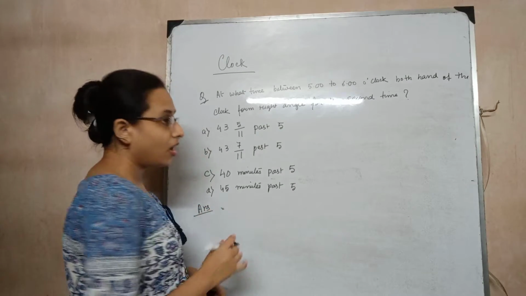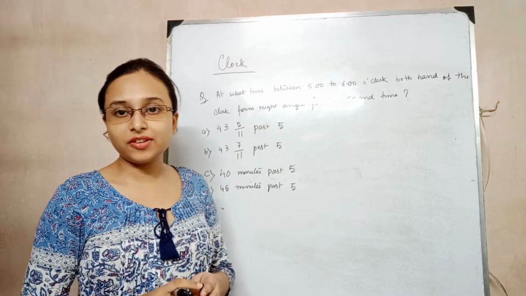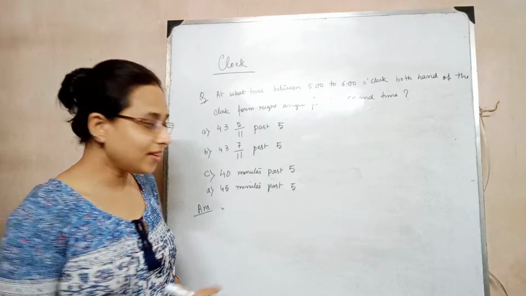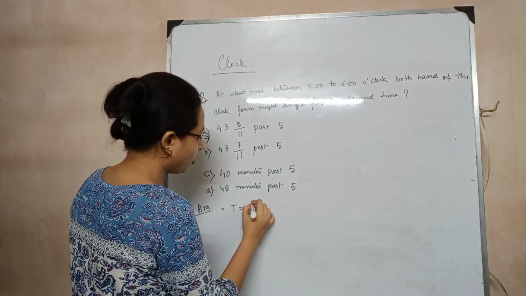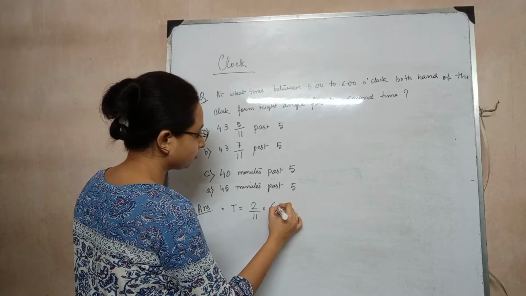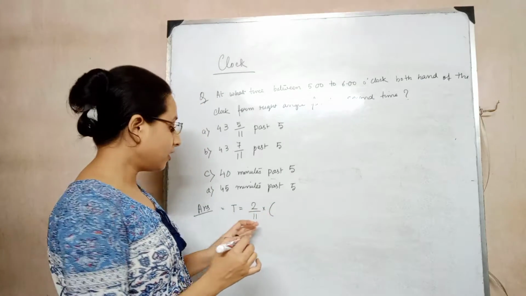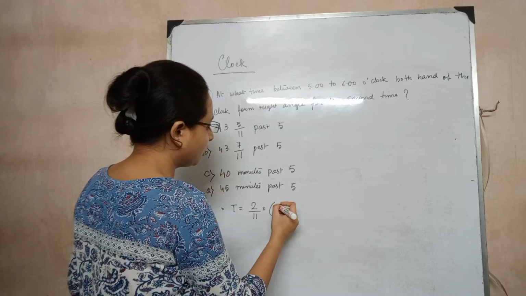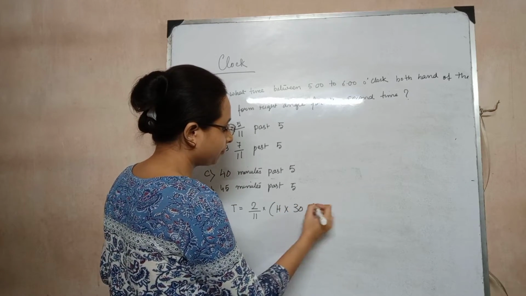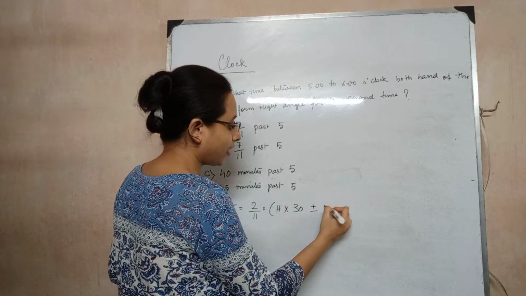Now, according to the previous videos, you already know that there is one formula. That is T is equals to 2/11 into (H into 30 plus minus A).